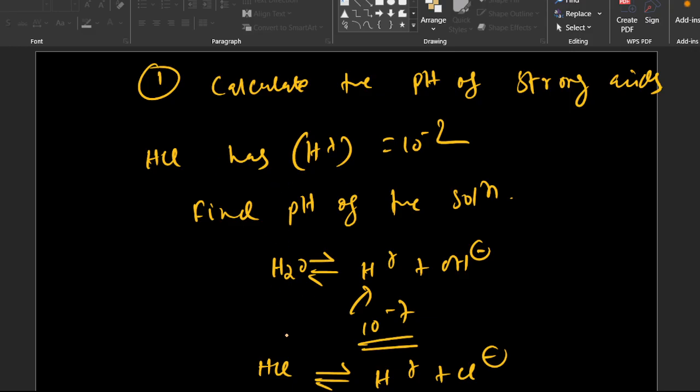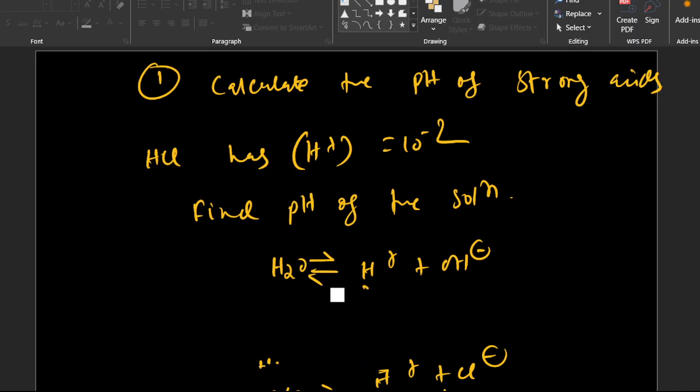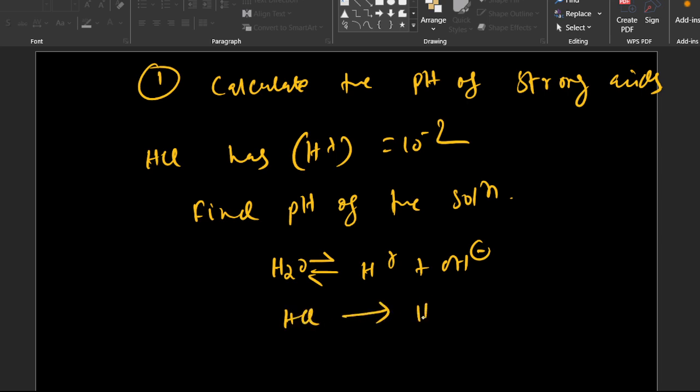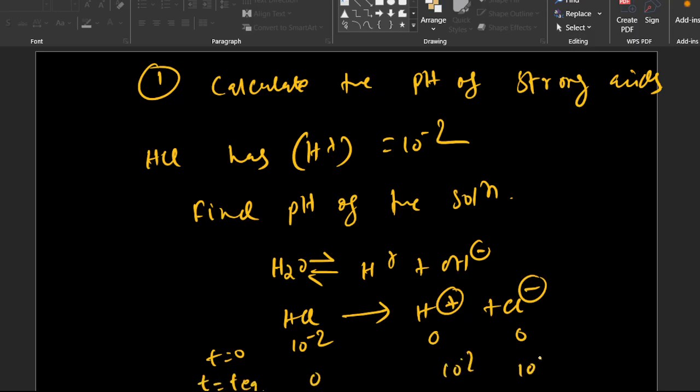It dissociates completely: at T equal to 0 it is 10 raised to minus 2 molar and the products are 0, and at equilibrium the HCl is 0 and the products are 10 raised to minus 2 molar.